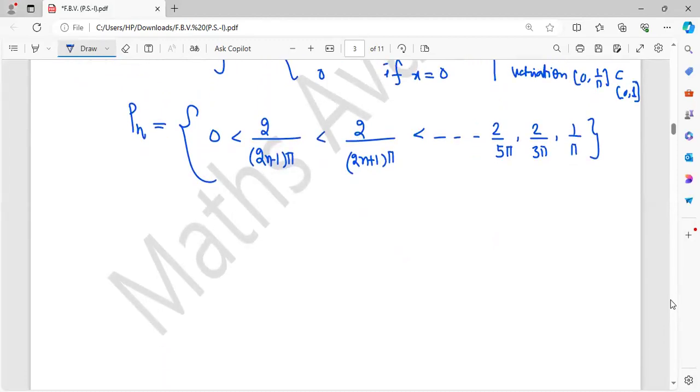So what is this? So the sum over P_n, what is this?